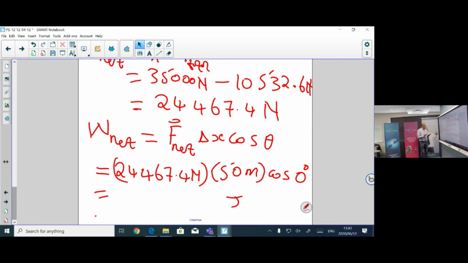It is 24,467.4 multiplied by 50 multiplied by cos 0, which is equal to 1 million, 370 in joules.